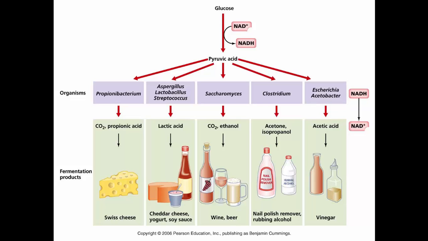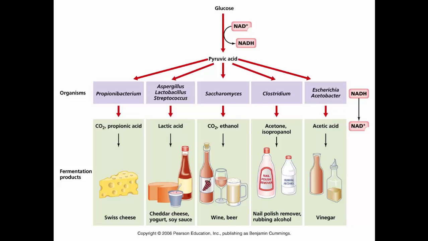Lactic acid fermentation happens to produce yogurt, lots of cheeses. Soy sauce is also a product of lactic acid fermentation. When you add acid to milk, I mean, you could make cheese just by adding lemon juice to a gallon of milk. And the acidity of that lemon juice causes the milk proteins to sort of coagulate, and you get this very simple cheese from it. So that's sometimes how cheese is made.